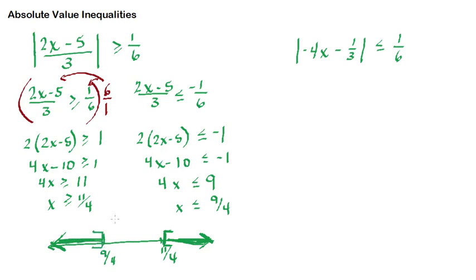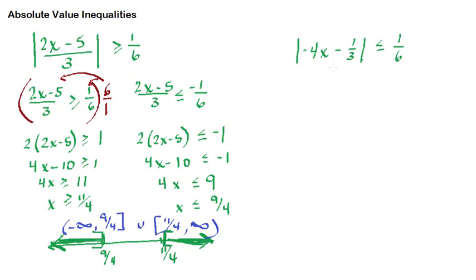Writing it in interval notation, I'll do that in another color. It's going to be negative infinity all the way up to 9 over 4, square bracket, union, 11 over 4, comma, ta-da.